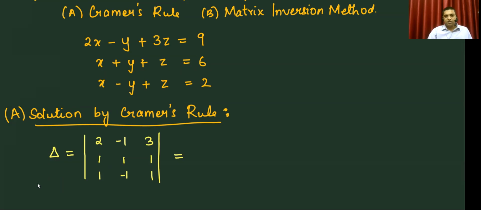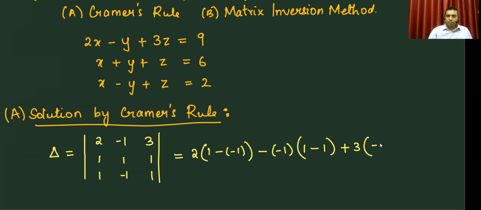Sir, I got it as -2 determinant. -2, right? You're right. Expand about the first row. 2 times 1 minus of -1, then minus of -1 times 1 minus 1 plus 3 times -1 minus 1.